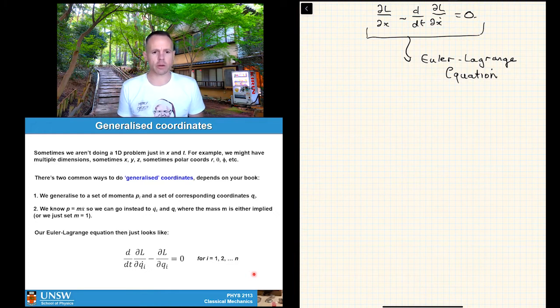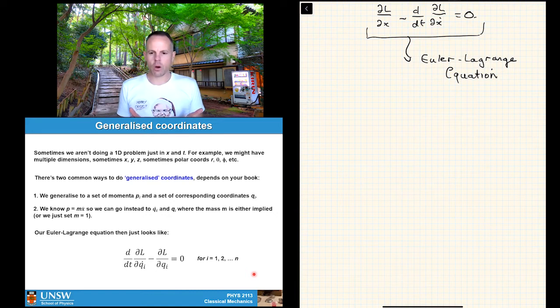So what you'll sometimes see is two different ways of writing your generalized coordinates. One is to generalize into a set of momenta, p_i, and a set of corresponding coordinates, q_i, p's and q's. We won't do that very much early in this course. Maybe later on I'll switch over to that notation just for a little bit of fun. But you'll see quite a few books where they talk about p's and q's.